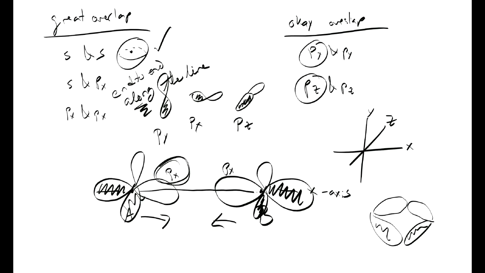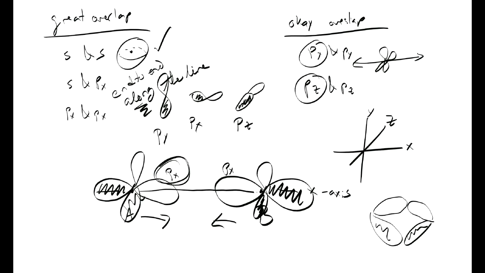Whereas the only okay overlap is when, if this is the line between them, they are only okay when they're perpendicular to that line, pointing up and down or back and forth, but not along the line. Okay, so that's what px means in this case. It's pointing along the line. Y and Z are not.